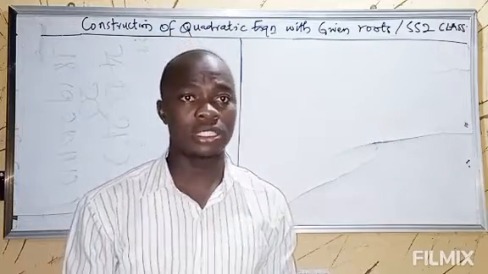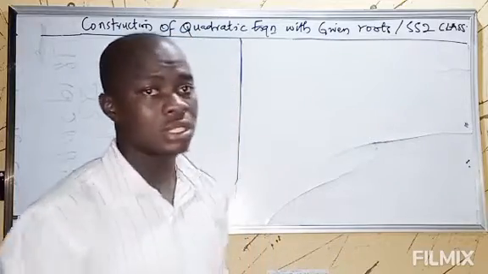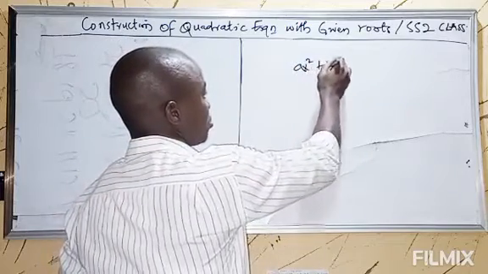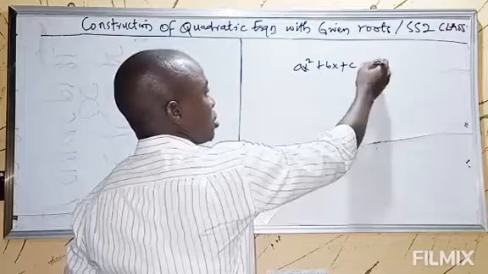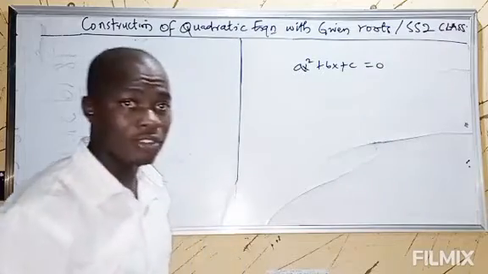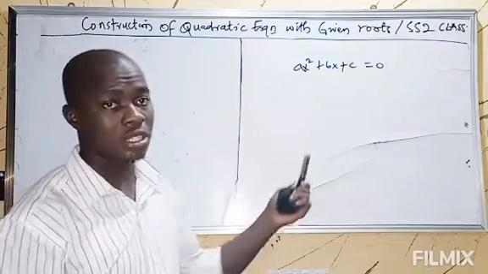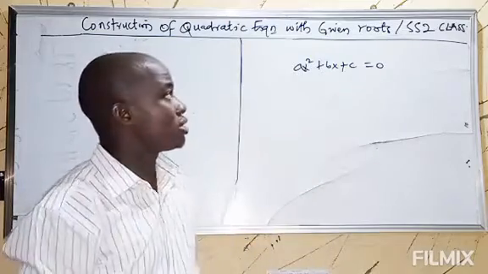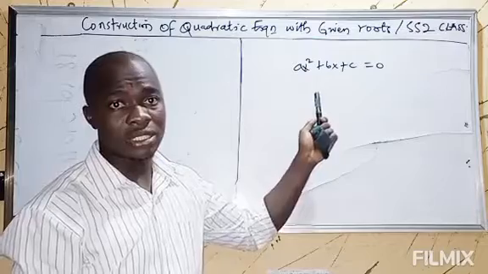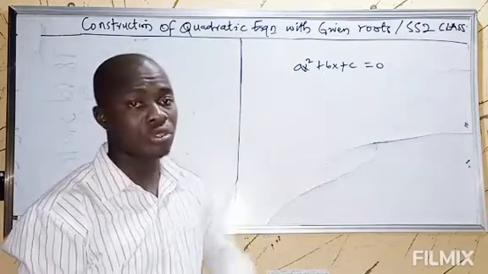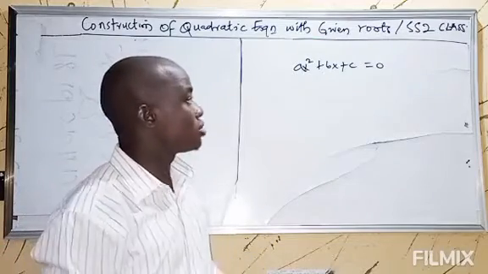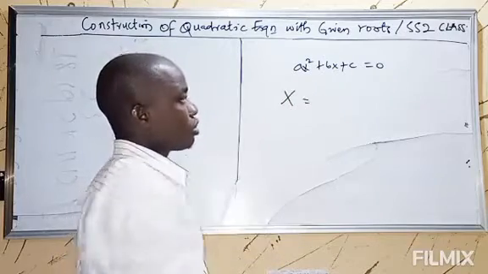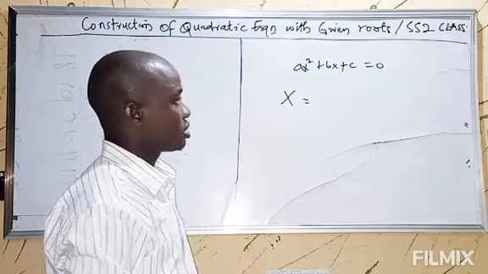As we all know, a quadratic equation is of the form ax squared plus bx plus c equals 0. This is the general form of a quadratic equation, in terms of the variable x.